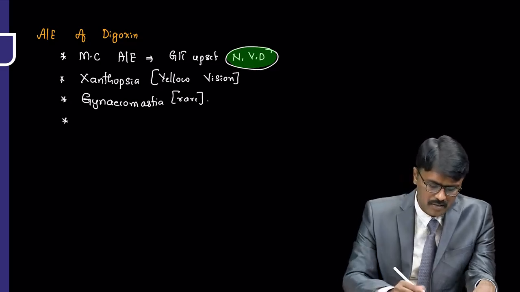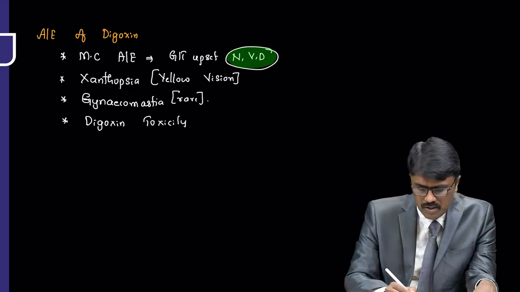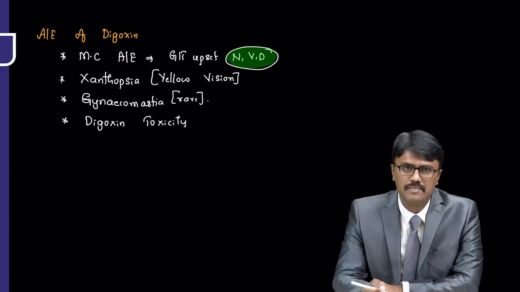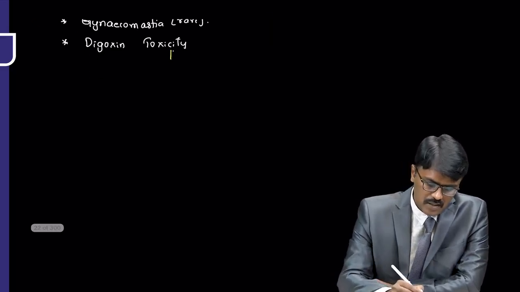Third important is digoxin overdose, or what we call digoxin toxicity. So this is the one which we need to go in detail and understand digoxin toxicity. Now, what are the factors which increase this toxicity?